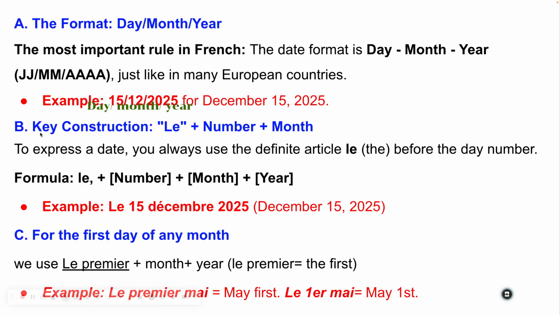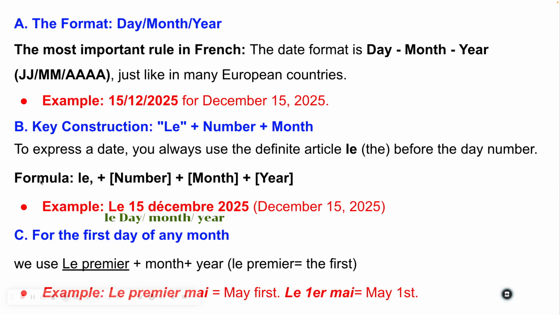not the month. The second way of writing the date uses le, which has the meaning of the in English. You start with le, then you add the number, which is the day, then the month, and if you have the year, you add the year.